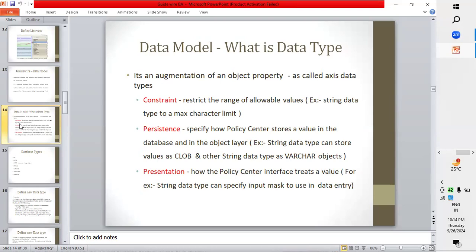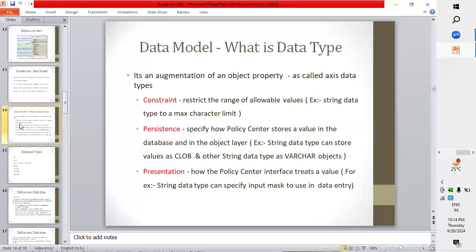Now, what is meant by constraint? Constraint majorly restricts the range of allowable values.